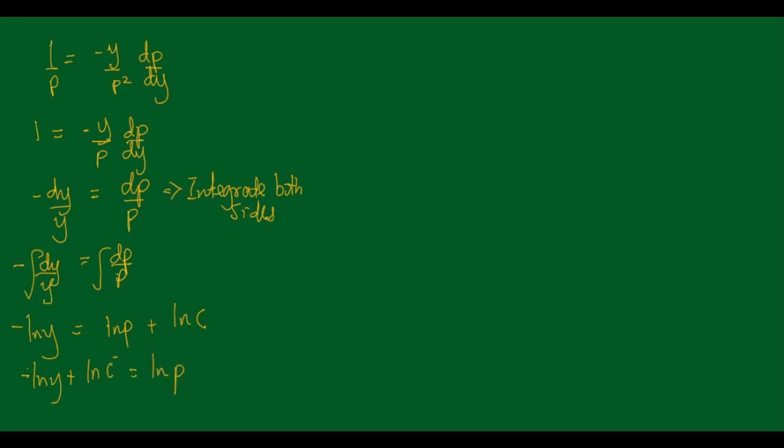Let me make this a capital letter since it's still going to be a constant. So we now have ln p plus ln y is equal to ln C. Then from our laws of logarithms, we have py to be equal to C, and p is equal to C divided by y.